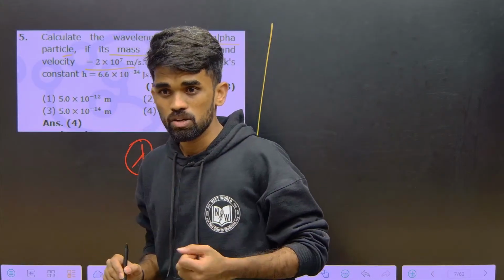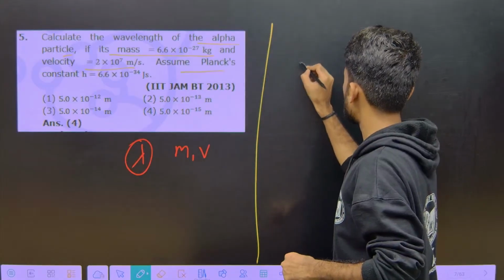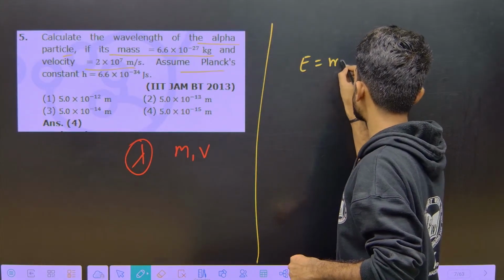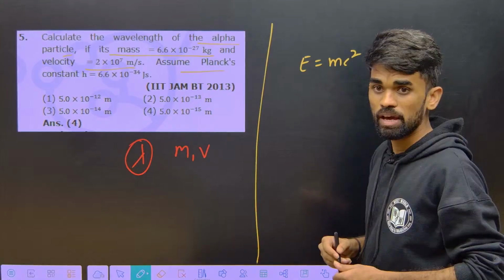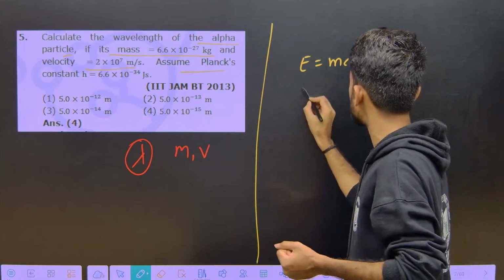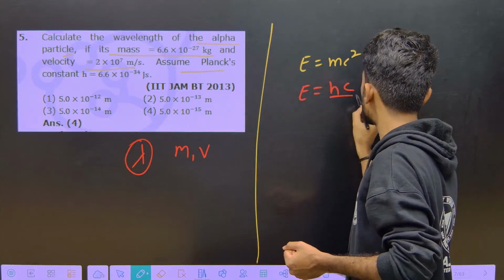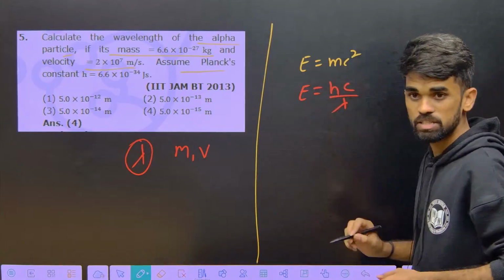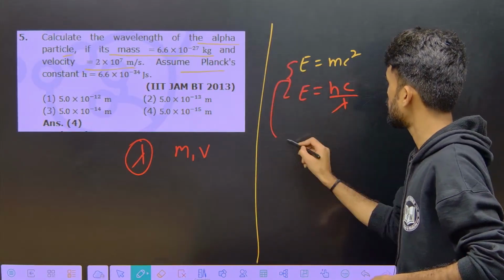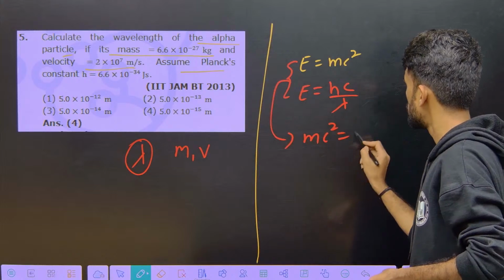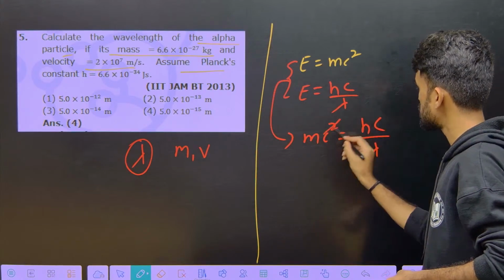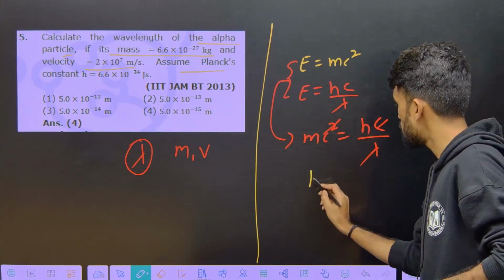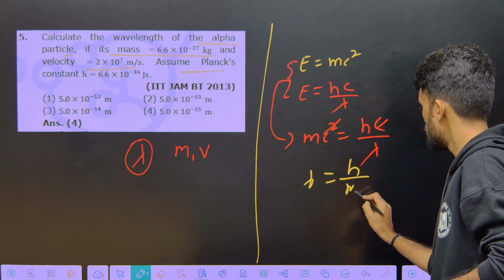So from classical mechanics I take E equals mc square, and from Planck's quantum theory, E equals hc by lambda. Both are energies only. From these two I can write mc square equals hc by lambda, and one c cancels, so lambda becomes h by mc.